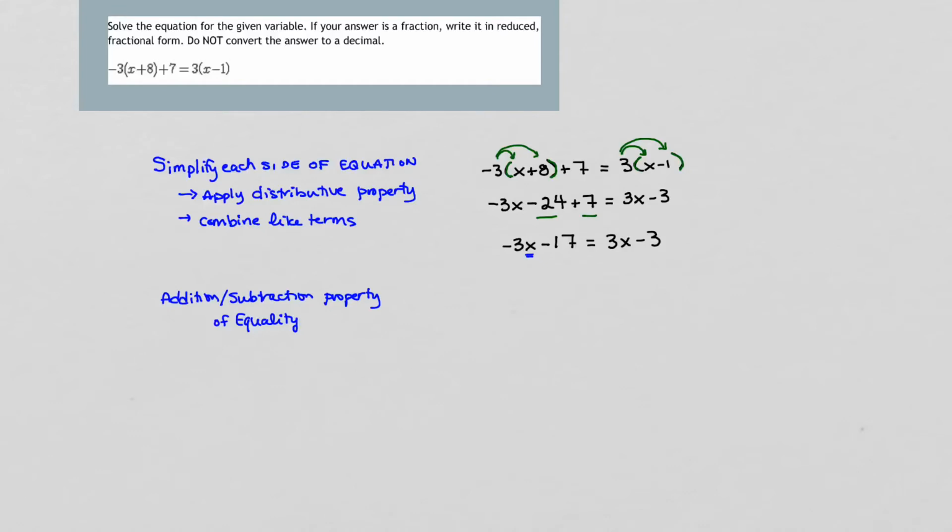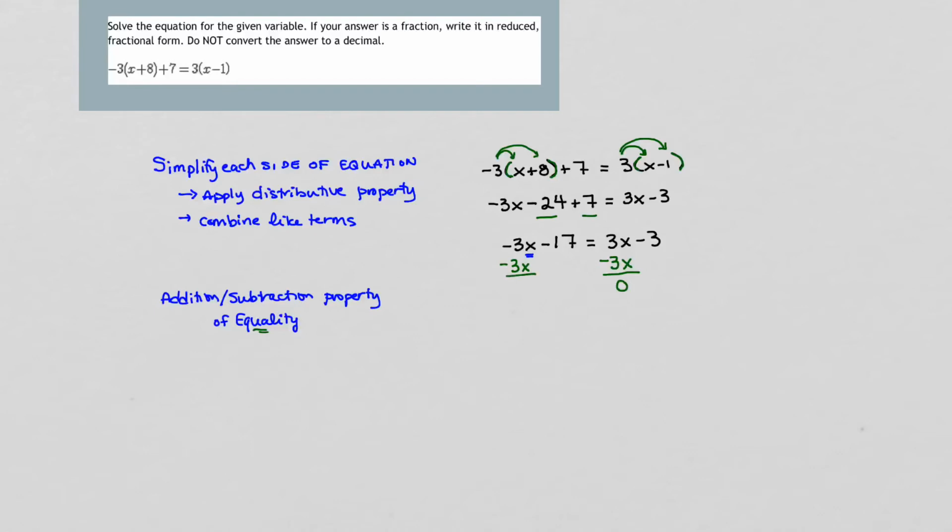All right, so if my goal is to get the x's on the left, that means I need to remove the 3x from the right side. So I am going to get rid of that 3x by subtracting it. 3x minus 3x is 0, so it removes it from the right side. But the addition-subtraction property of equality tells me whatever I do to one side, I have to do to the other, so I'm also going to have to subtract 3x from the left side.